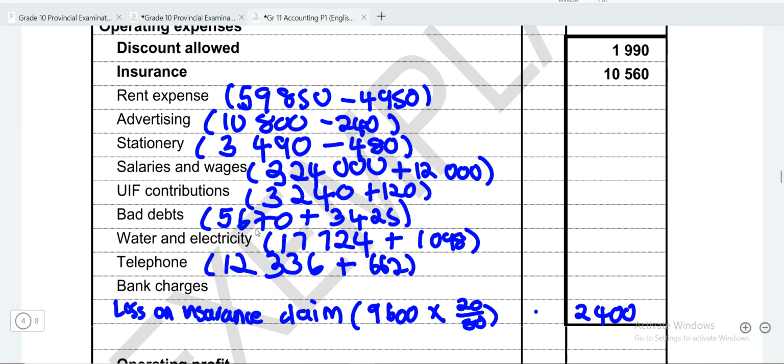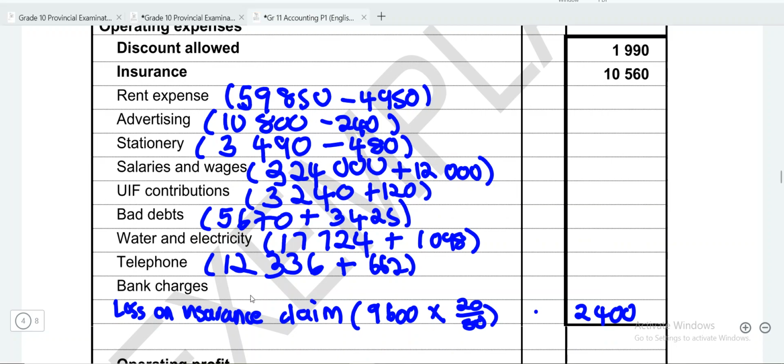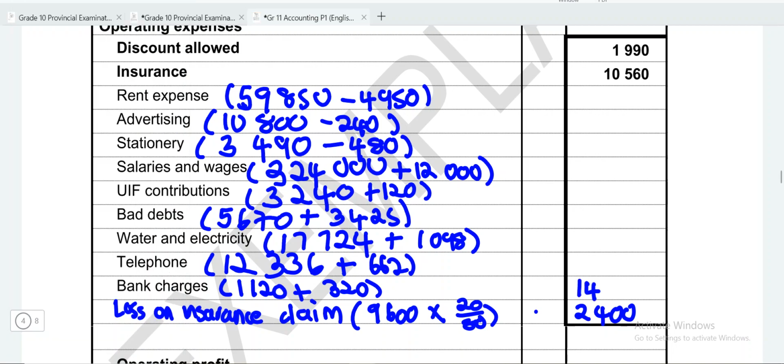I'm going to go to our bank charges. We're going to say 1,120 plus 320, and then we get the total. It is giving us 1,440, and then you are done with that transaction.